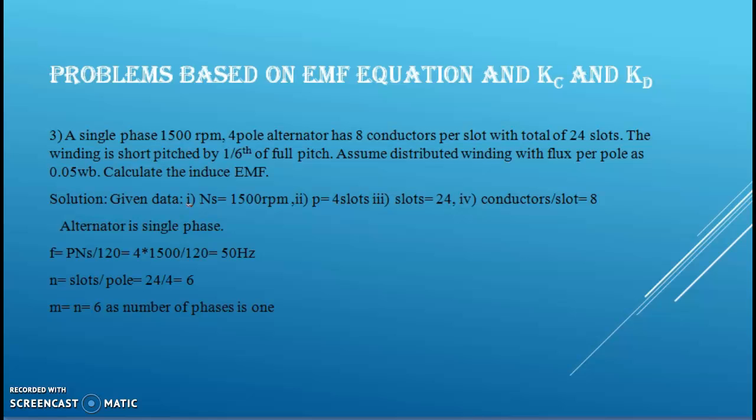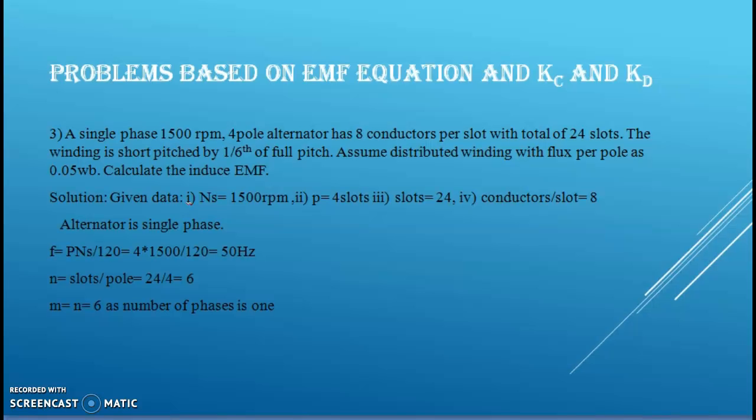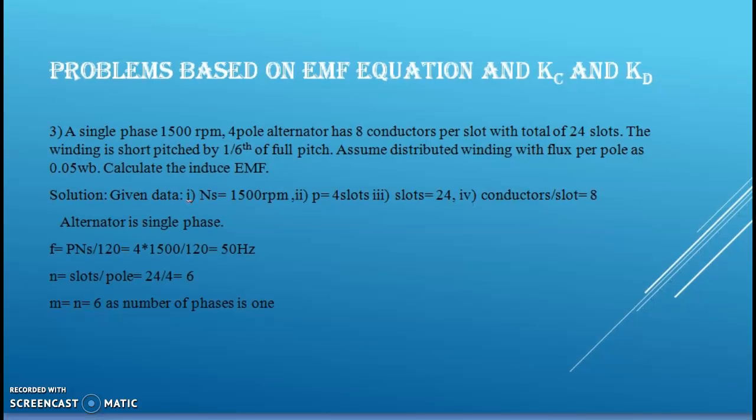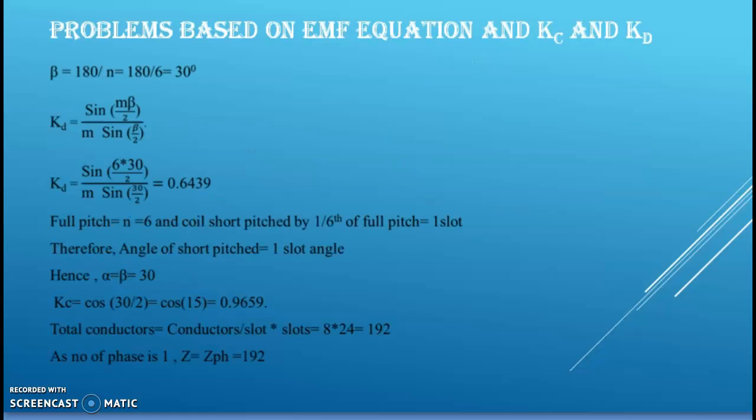Now we have to find beta. Beta is equal to 180 upon n. So n is 6, and beta will be 30 degrees.